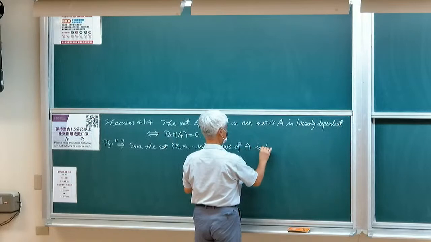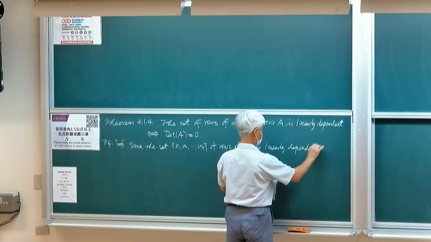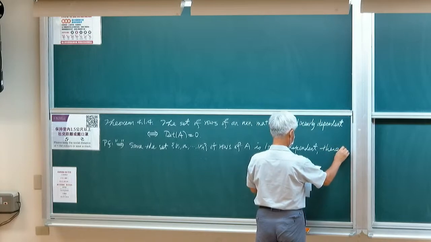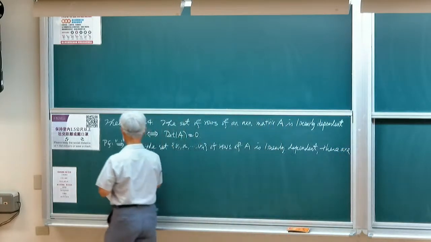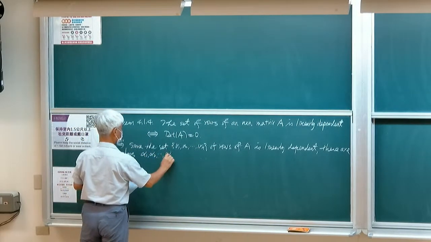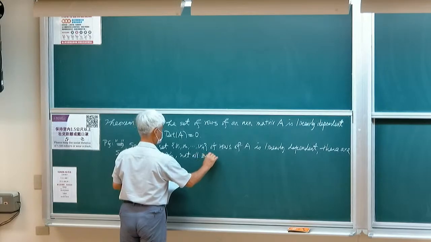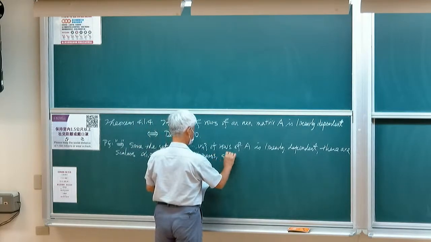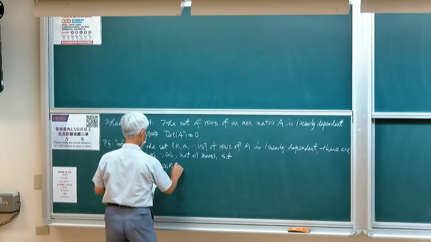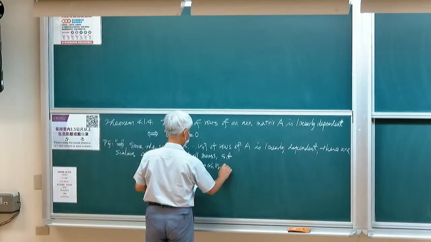So there are scalars alpha 1 up to alpha n, not all 0, such that a non-trivial linear relation exists: alpha 1 r1 plus alpha 2 r2 up to plus alpha n rn equals 0.